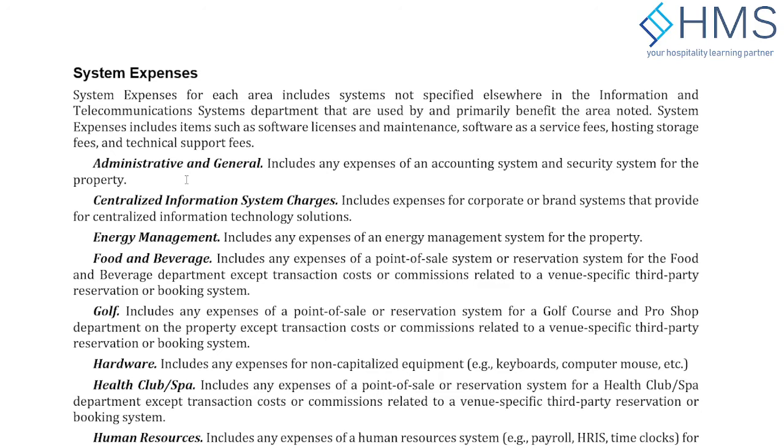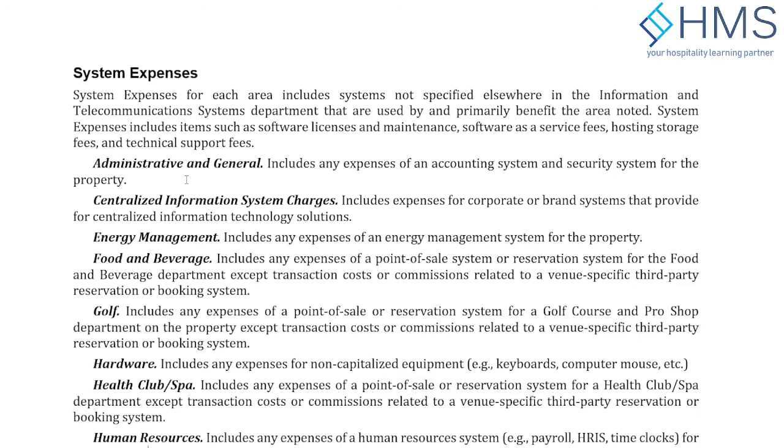For example, administrative and general is mainly responsible for accounting and security. Centralized information system charges are the corporate or brand systems that provide central information technology solutions. For example, the firewalls. It can be centralized licenses which are absorbed by the corporate office but charged to the hotels.